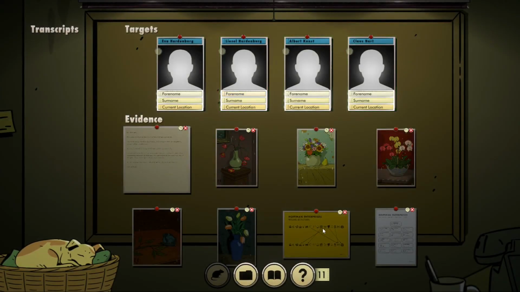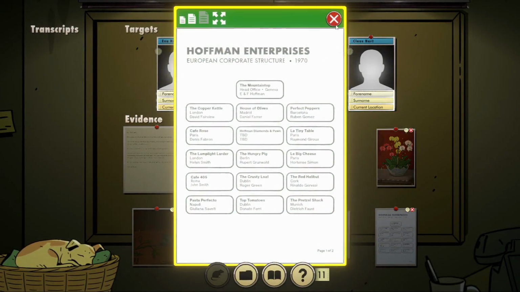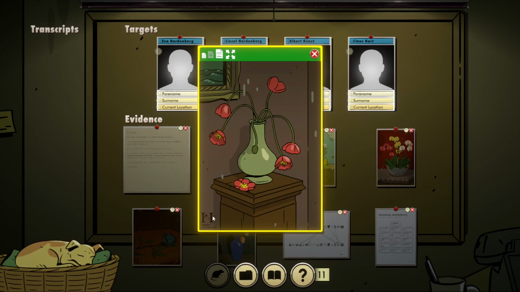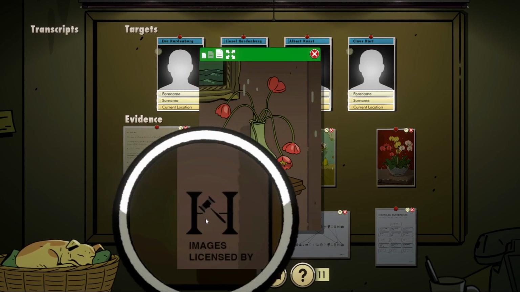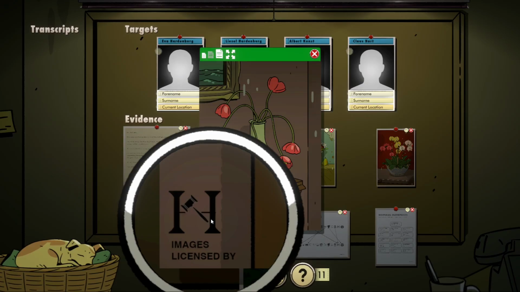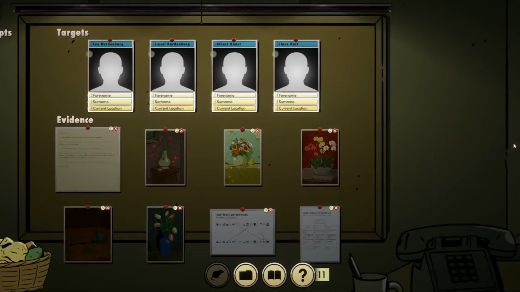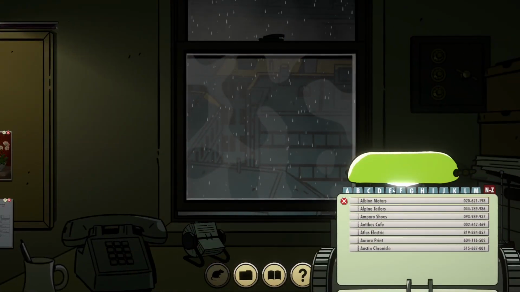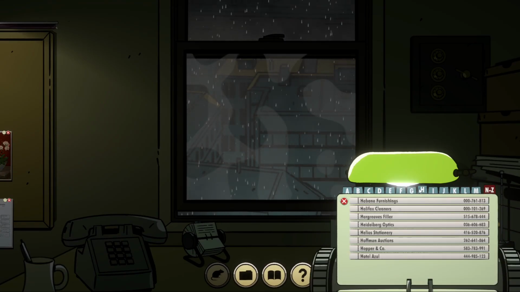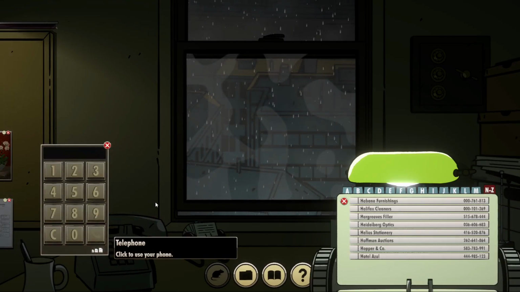Although that's a new... This isn't... This is new. Hoffman auction. We're finally getting a Hoffman auction thing. Right? That's a gavel.